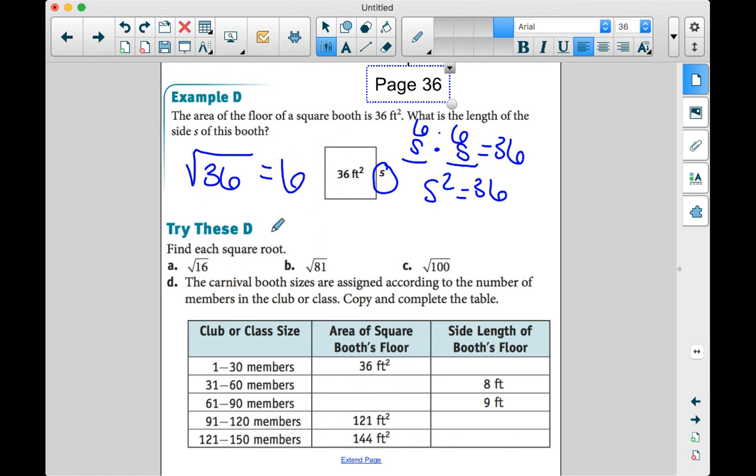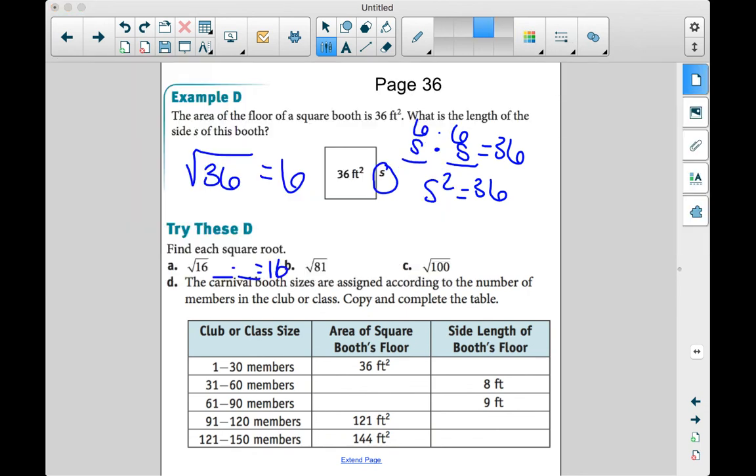Okay? So here, find each square root. So the square root of 16, it just asked me to work backwards. What times what would equal 16? So in your head, or according to the multiplication chart, you should know that 4 times 4 equals 16. So the square root of this number would be 4.